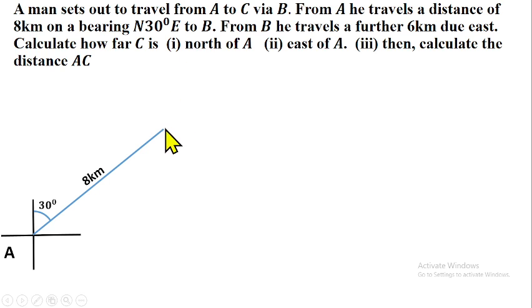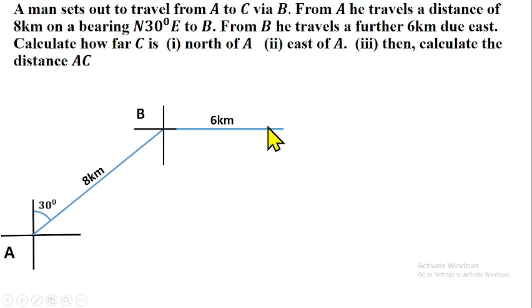To point B. So at this point I'll put my B there and label it point B. Then from B, he travels a further 6 kilometers due east. Now this is point B. He travels 6 kilometers due east. Where is the east of B? This is the east of B. So he moves a further 6 kilometers.